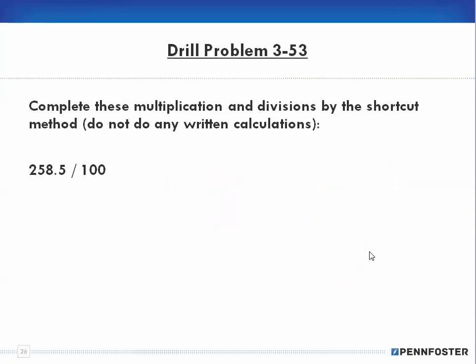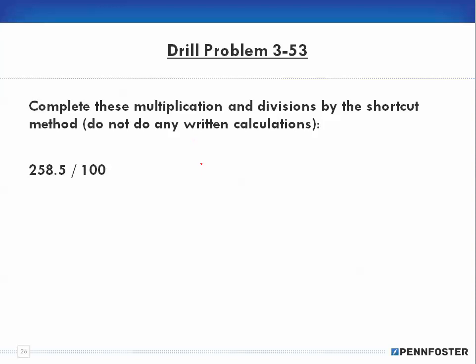Next problem. Complete these multiplications and divisions by the shortcut method. Do not write any written calculations. We already touched upon that way back when we first started doing these. Watch those first videos for drill problems 3-3, 3-5, 3-7.